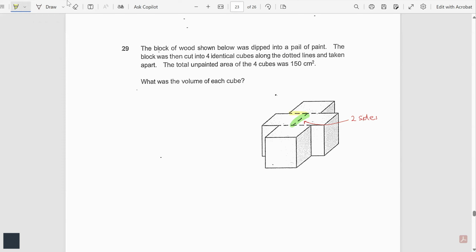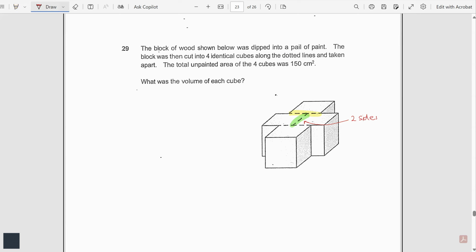So let's say here, this one. When you compare, remember every one side of a cube means that there's another side of a cube that is not painted. So if you look at this cube at the end, one side of it is unpainted, which means that the side that is touching is equivalent to another side. Although it's a partial of the left cube and the right cube, those two parts will give you another side.